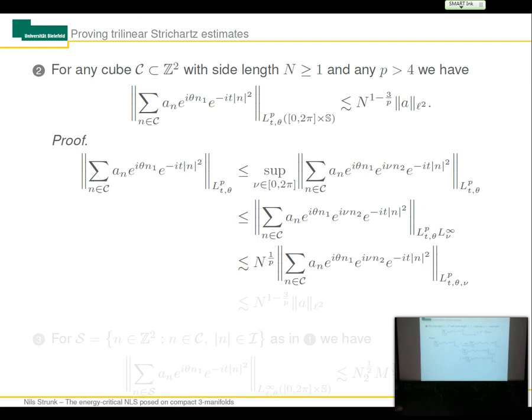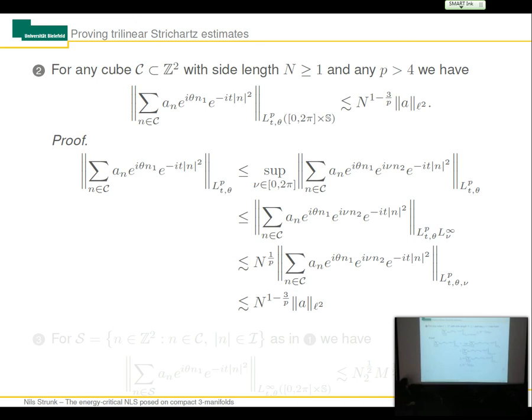And now we're exactly in the situation of this exponential sum estimate by Bourgain. This gives n to the 1 minus 4 over p plus 1 over p, and we end up with what I claim to be true, n to the 1 minus 3 over p. Very easy trick, but surprisingly powerful somehow. I don't know.